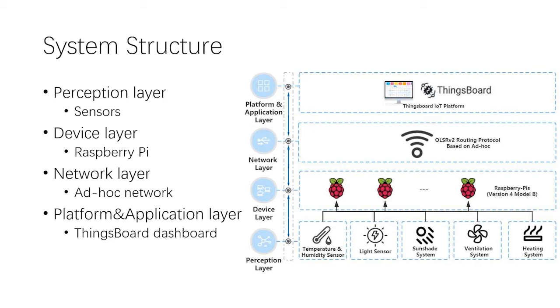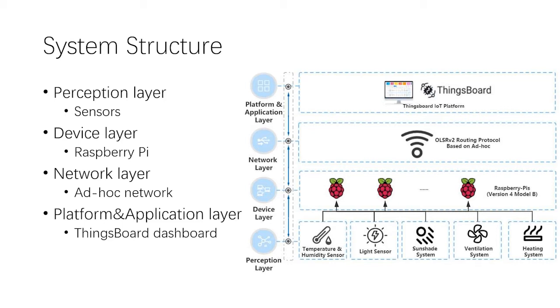And in the device layer, we have a lot of Raspberry Pis. So we link them to sensors and controlled systems. And we want to build a good network, and the network will have low network delay.